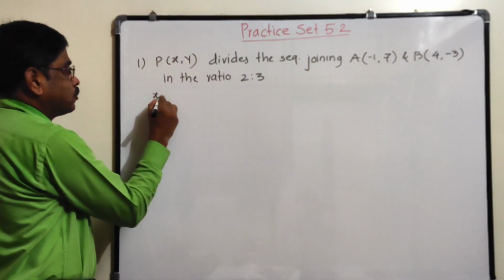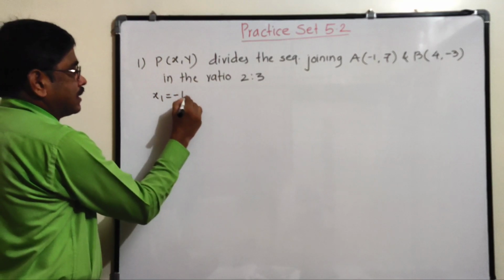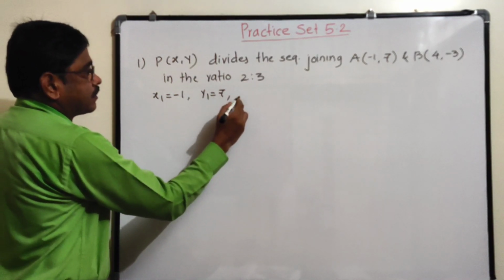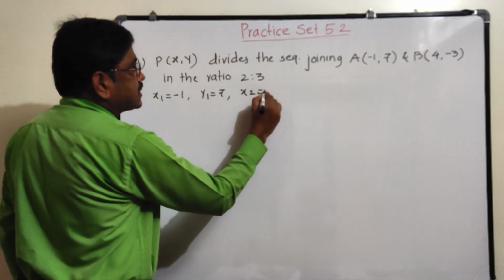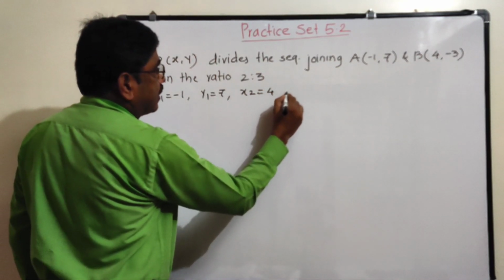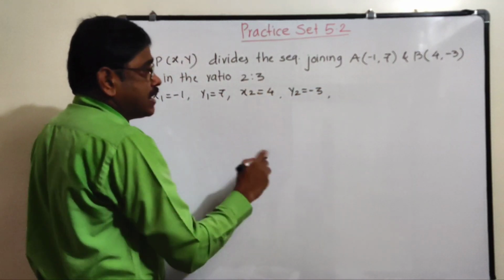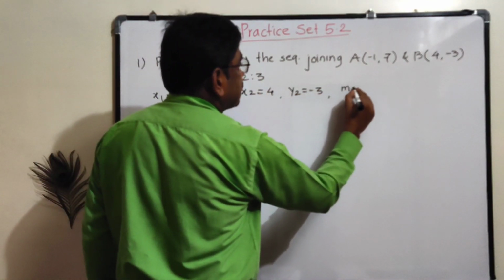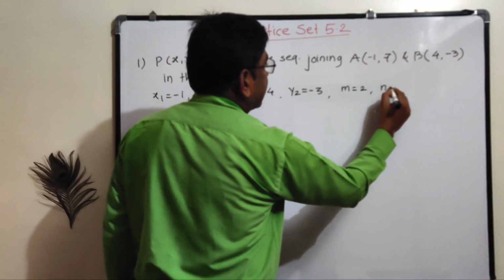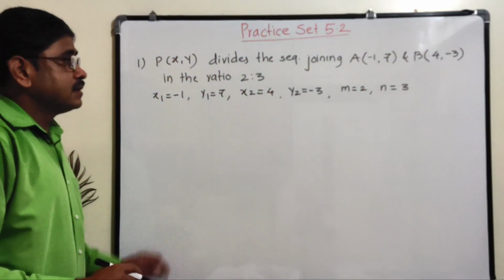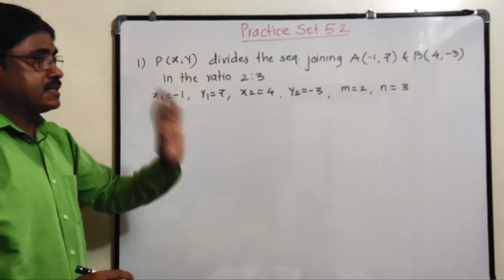Here x1 is equal to -1, y1 is equal to 7, x2 is equal to 4 and y2 is equal to -3. The ratio m:n means m is equal to 2 and n is equal to 3.